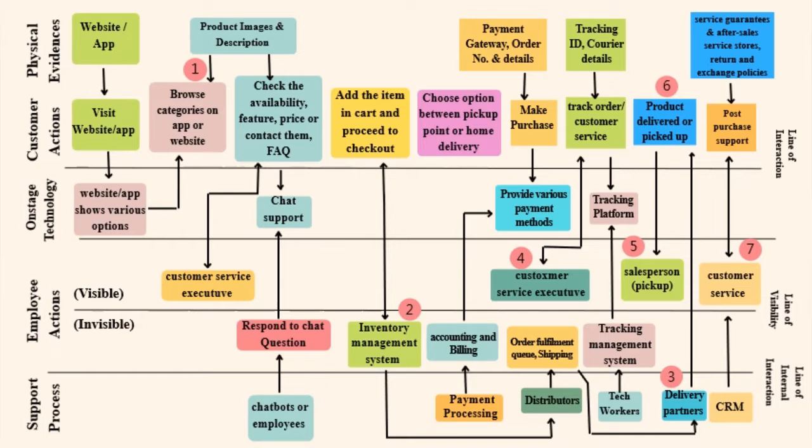Next, the line of visibility. All components that come above this line are visible to the customer, while the ones that come below are invisible. Then, the internal line of interaction. This separates contact employee activities from other service support activities and people. Vertical lines cutting across the line of internal interaction represent internal service encounters.